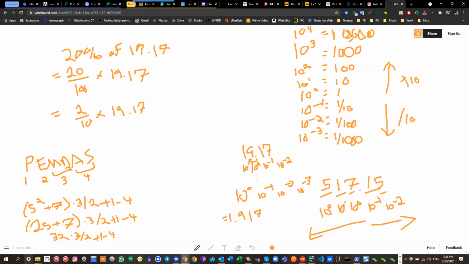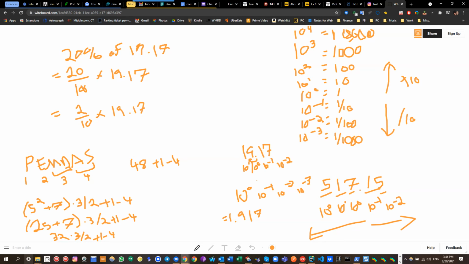I actually would like to do that because it's easier for me to think about it. If I do the 32 divided by 2 first, that's a simpler number for me to work with. That becomes 16. 16 times 3 then becomes, so 10 times 3 plus 6 times 3, that's 30, plus 18, that's 48. I did all that in my head, because I'm running out of room. So that becomes 48 plus 1 minus 4.